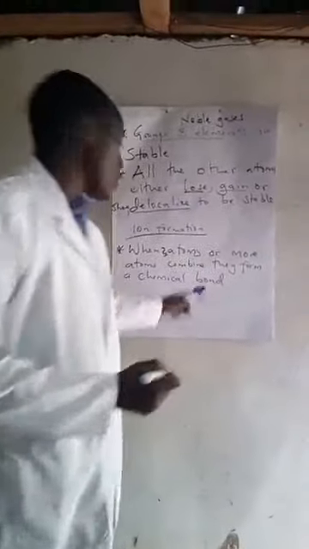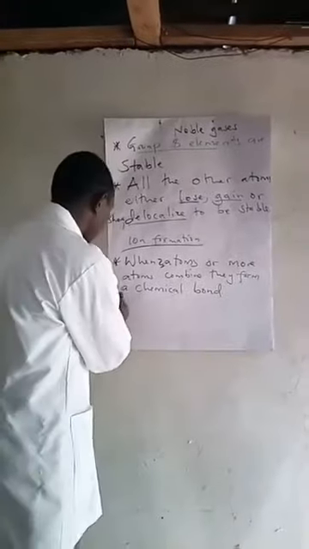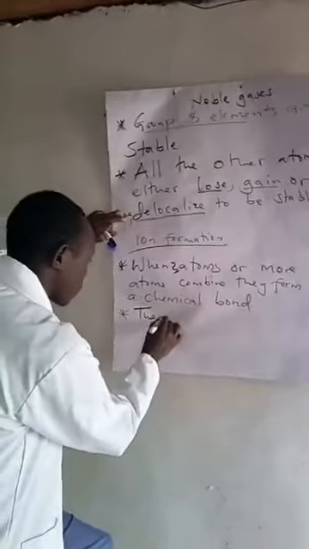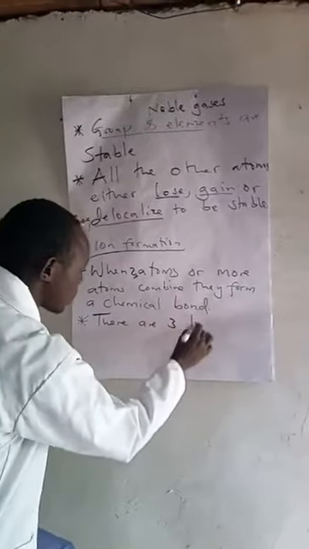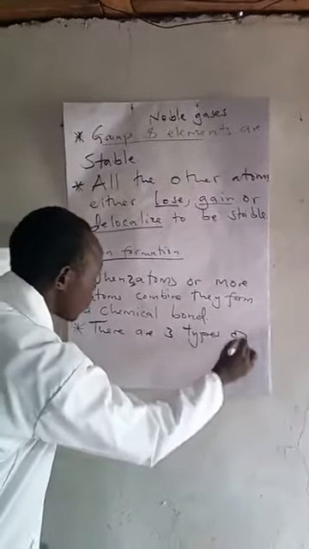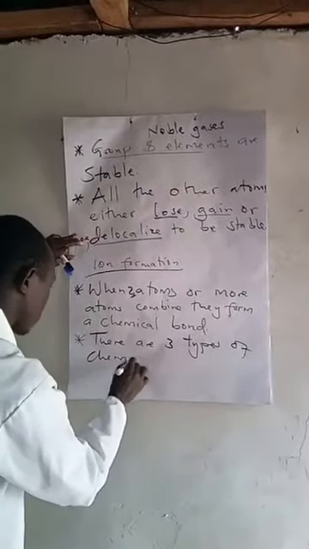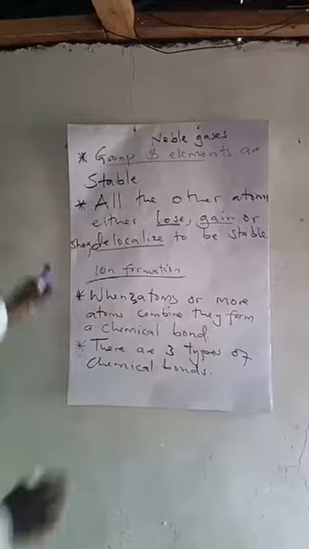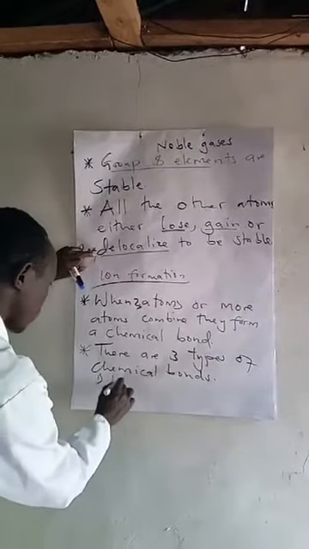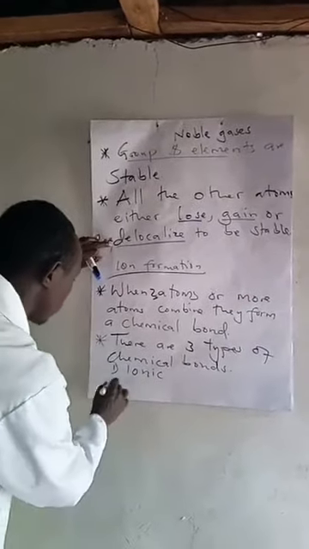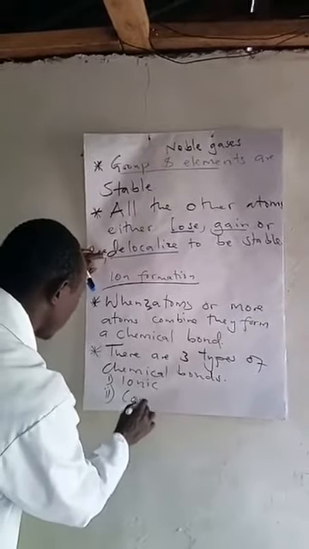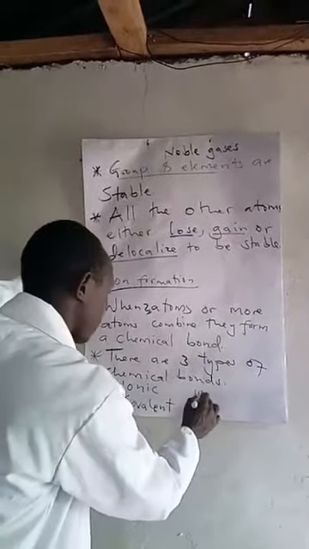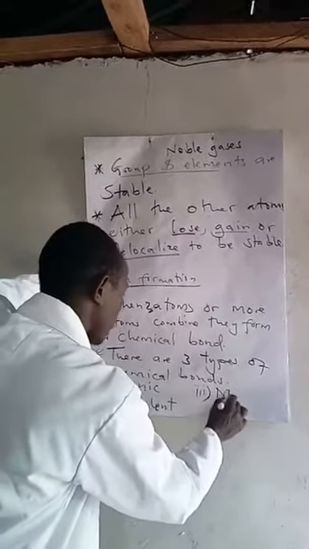Now, when they form a chemical bond, there are 3 types of chemical bonds. We shall look at each one of them. 1 is ionic bond, 2 is covalent bond, and 3 is metallic.